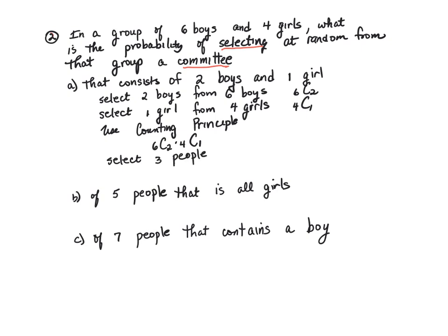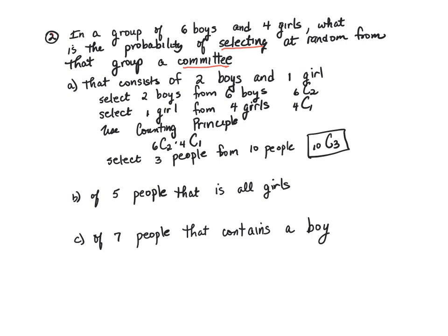And the total number of ways to select 3 people from the group of 10 would be 10C3, because notice that these are the total number of outcomes that are possible in forming a 3-person committee from 6 boys and 4 girls.